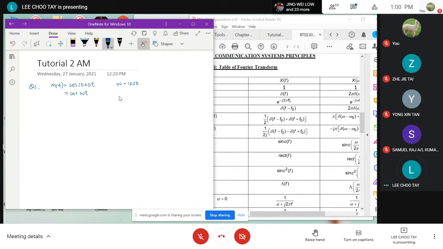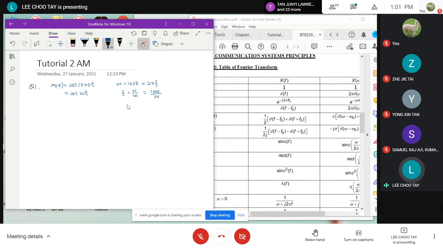Yeah. And then to convert omega to f, omega basically is equal to 2 pi f, isn't it? Yeah, 2 pi f. So that means if you want to convert to f, then you need to take omega and then you divide it by 2 pi. Yeah. So in this case, you take 1000 and you divide it by 2 pi, right?